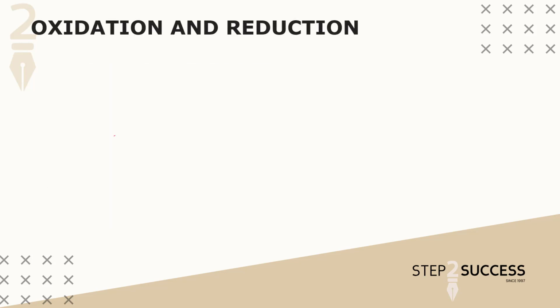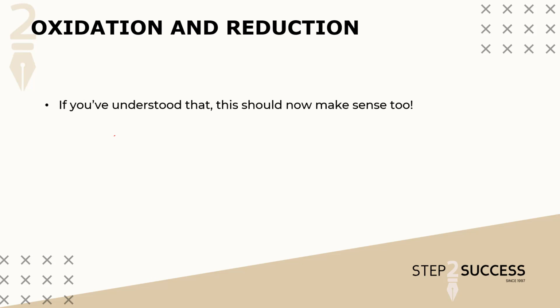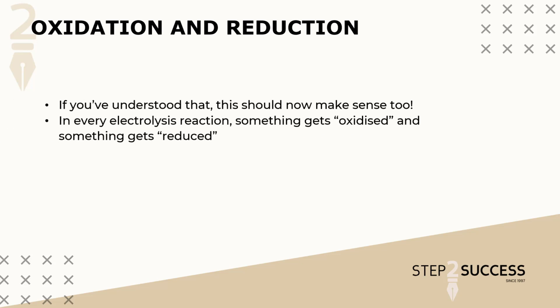Now, finally, we can talk about oxidation and reduction. This is the sort of higher level part of this topic. Now, in every single electrolysis reaction that we've seen so far, something gets what we say oxidized and something gets reduced.